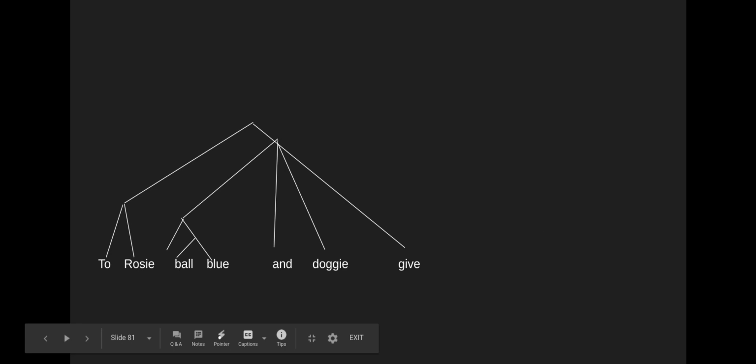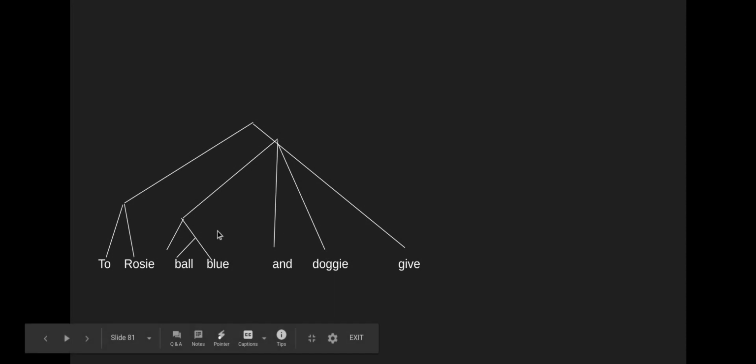But what's really interesting is that one thing you can observe is you can switch this stuff around any way you like. Spin this little mobile at any one of these corners, and you can switch around ball and blue, or switch around the "to Rosie" and the "give." But no matter how you switch that stuff around, you're never going to be able to put the doggy in between ball and blue. You're never going to be able to take the "the" and put it after the doggy or before ball and blue.